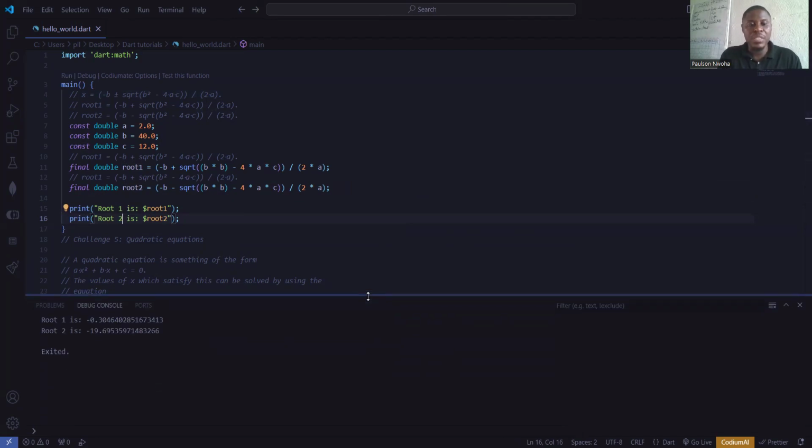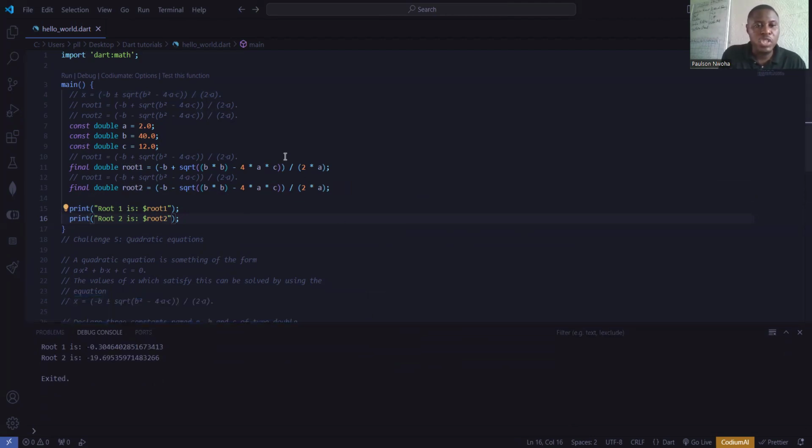All right, the first one is negative 0. Second one is negative 1.119 point. But if I'm to change any of the values, we are going to have different results.